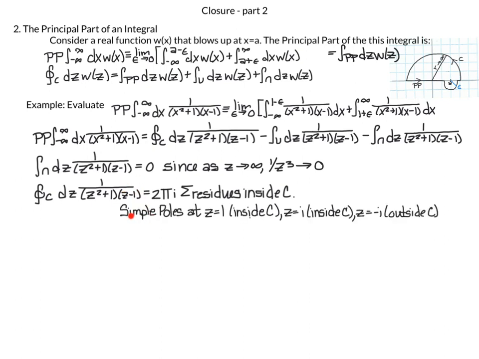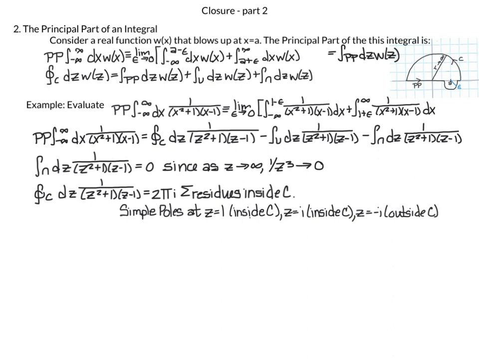We have a simple pole at z equals 1, and that's inside of C. We also have the simple pole z equals i, which is somewhere here, so it's also inside C. And then we have z equals minus i, another simple pole, but it's in the lower part of the complex plane, so it is outside C.